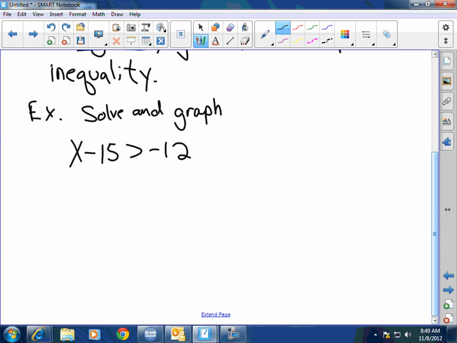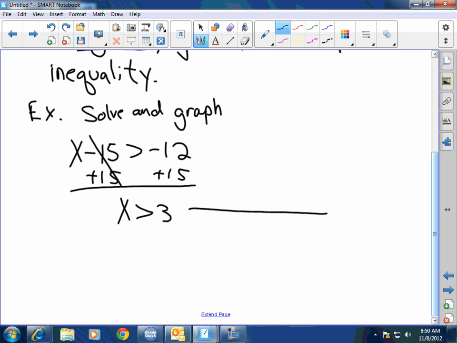How do we get the x alone here, brothers? You add 15 to both sides because you want to cancel that out. Negative 15 plus 15 is 0. X is greater than 3. Here's my 3. Open circle. I'm going to the right because x is greater than 3. Did you guys just see that?